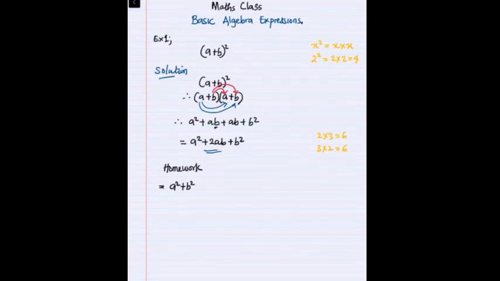Let me put the homework here. I would like you to solve this algebra with the help of anyone, for us to have more understanding of the algebra class. Thank you. So that is the homework.